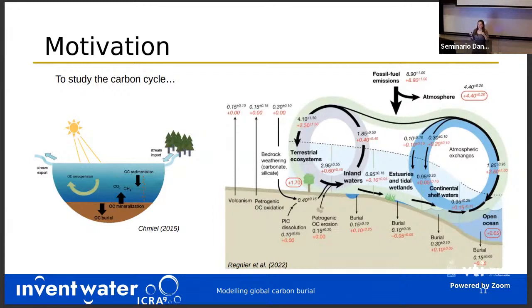But then we also see two smaller loops because there are other interactions in between the terrestrial ecosystem, for example, and inland waters. Then it can be again released to the atmosphere, go back to terrestrial ecosystems, or go back to the open ocean. And the same interactions occur between the open ocean and other ecosystems such as estuaries, tidal wetlands, continental shelves, etc. In red, you can see the anthropogenic influence.